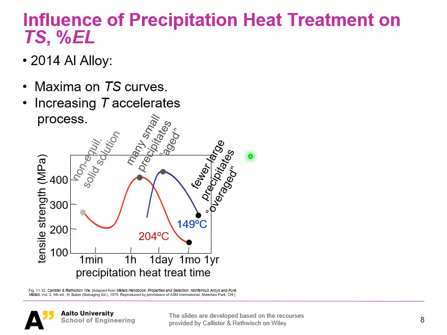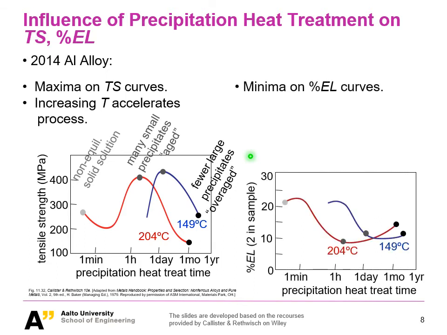Now you know what they're doing: they're basically trying to make the material harder. And of course, accompanying the tensile strength, precipitation hardening also has an effect on your ductility, which is more or less the opposite of your tensile strength, as you could imagine from many experiences already.